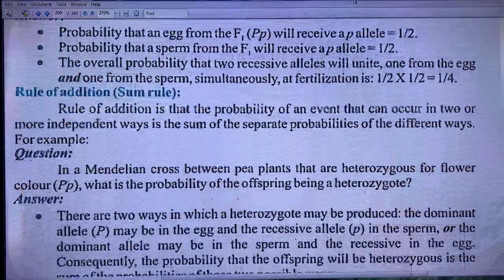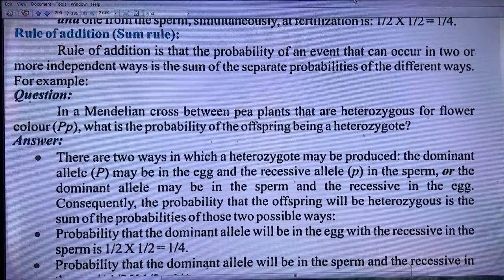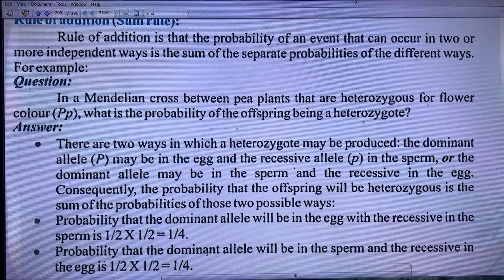Rule of addition. The rule of addition is that the probability of an event that can occur in two or more independent ways is the sum of the separate probabilities of the different ways. For example, question: in a Mendelian cross between pea plants that are heterozygous for flower color, capital P small p, what is the probability of the offspring being heterozygote?